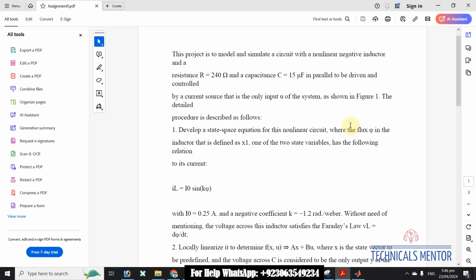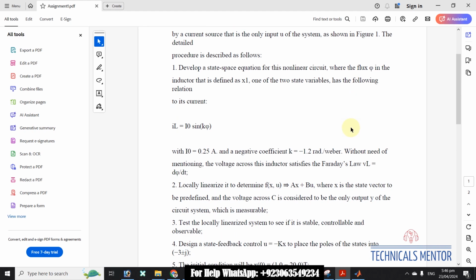This setup is especially interesting because of the nonlinearity introduced by the inductor. So our first step will be the state space equation.